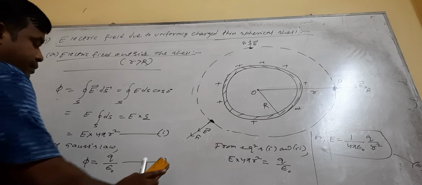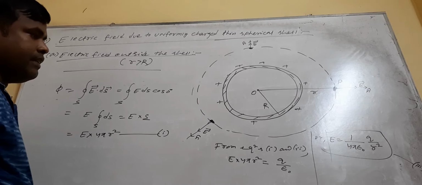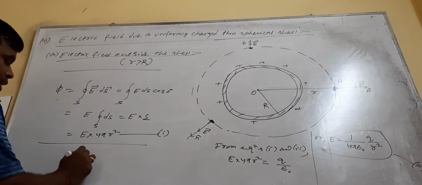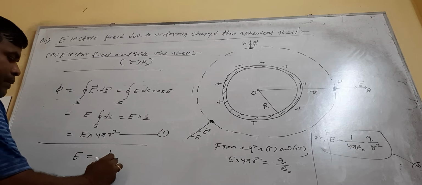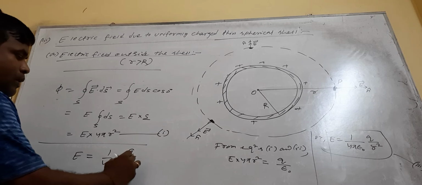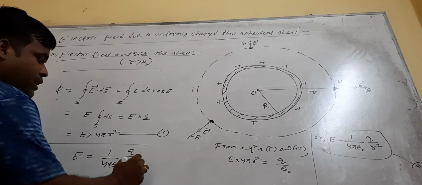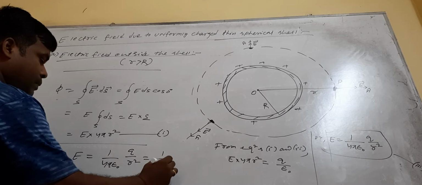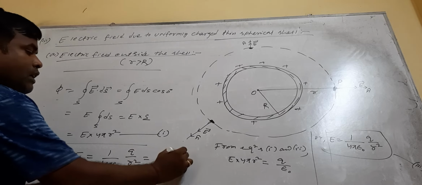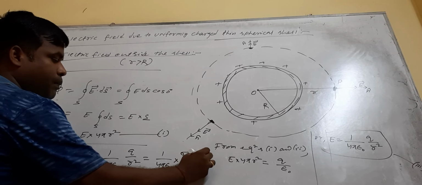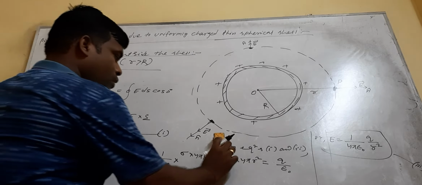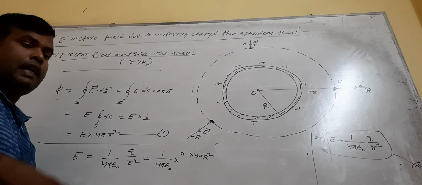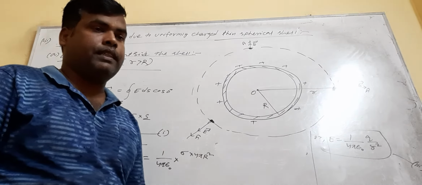So now you can write, as we got here, E is equal to 1 by 4 pi epsilon 0 q by r square. For q you can write sigma into 4 pi r square. Why? As it is a shell, the charge is distributed over its surface.